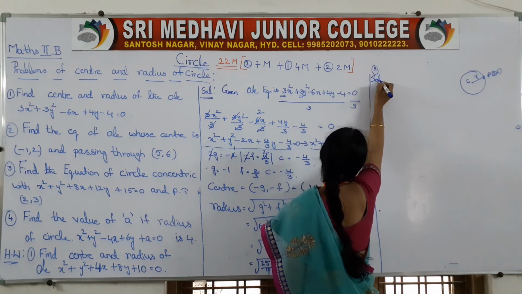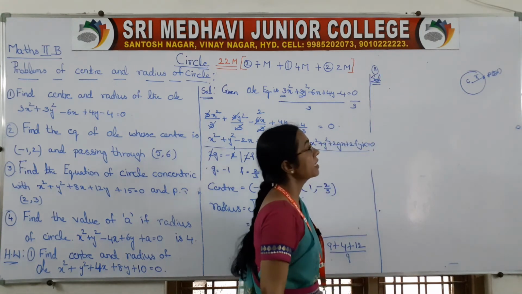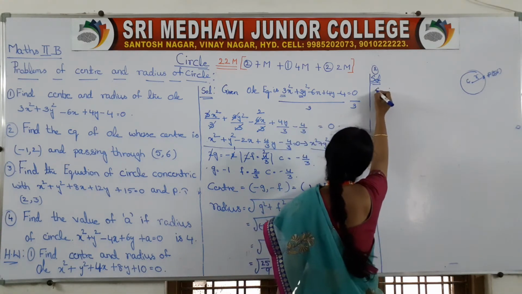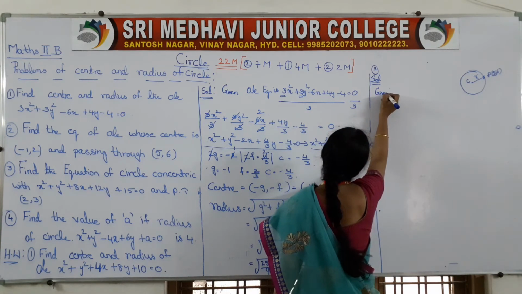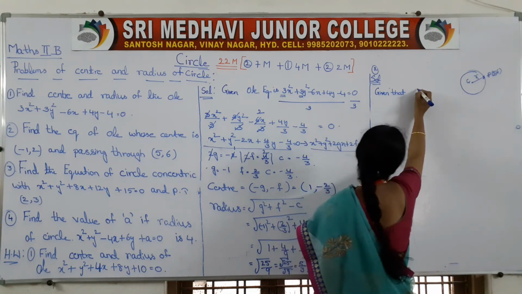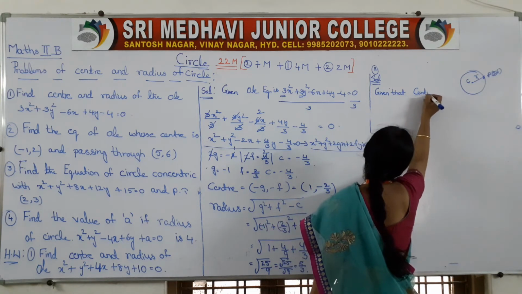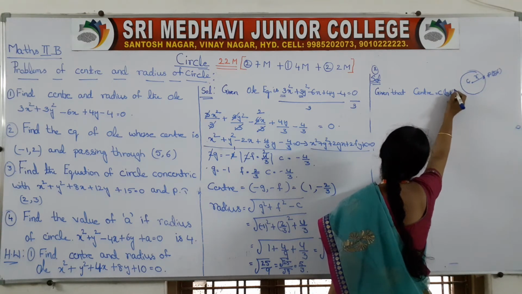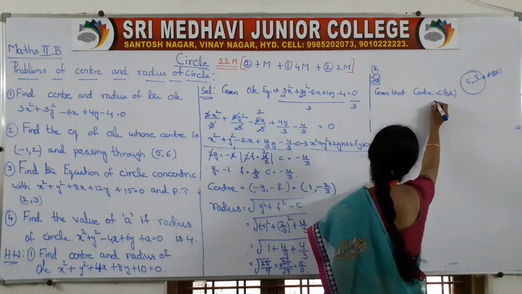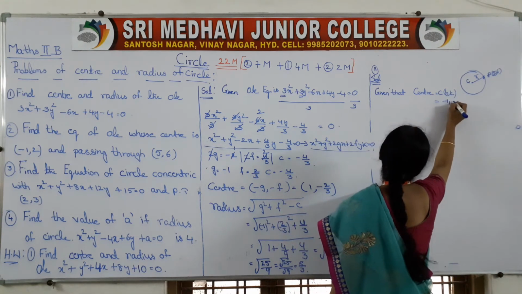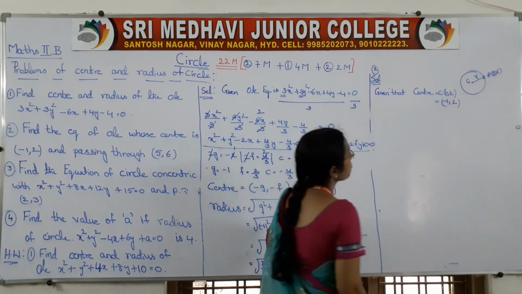So, solution. First write down what is the given information. Center is C (h, k), and the value is given as (-1, 2).